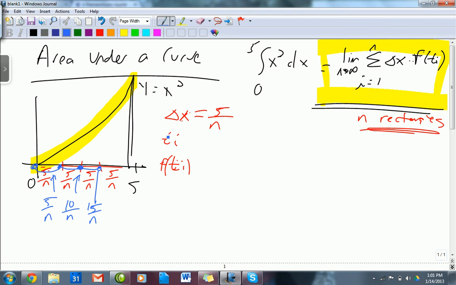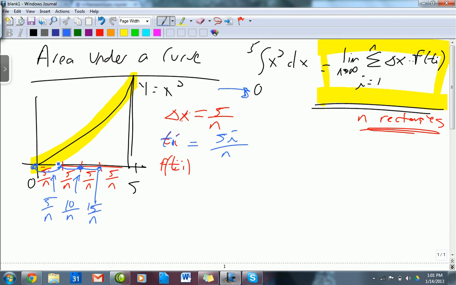Therefore, my ith tag, remember i is the index, starts at 1, goes to n, is going to be 5i over n. In general, if we're starting at 0, the tag, t sub i, will always be delta x, which is 5 over n in this case, times i. If we're not starting at 0, it will be our a value, whatever the lower limit of integration is, plus delta x times i.